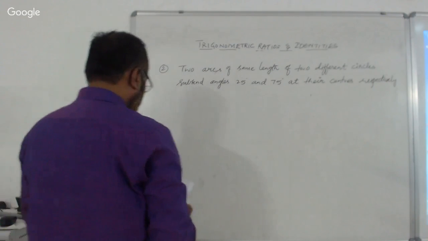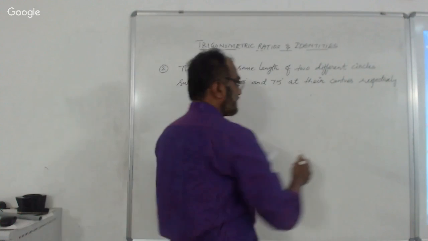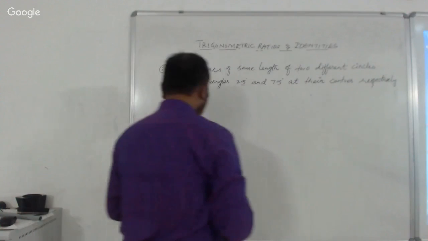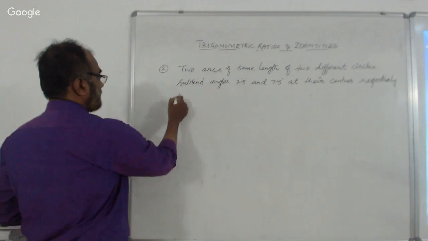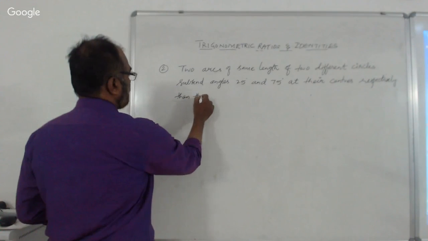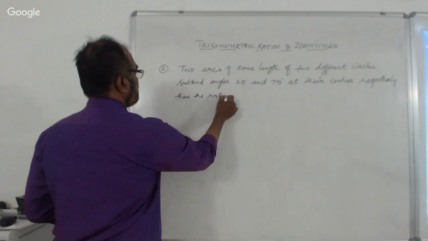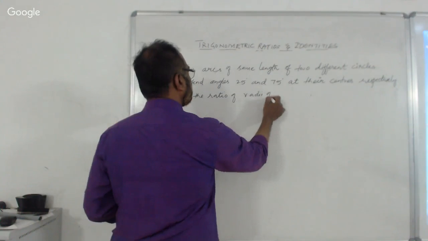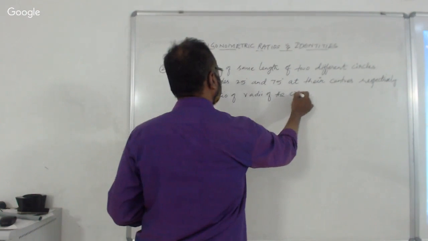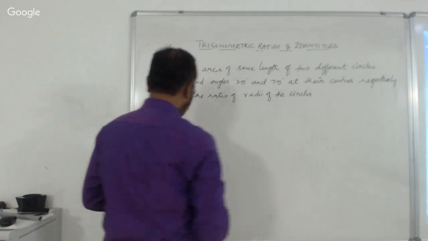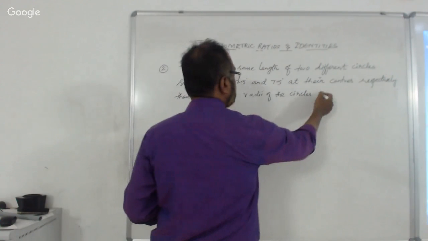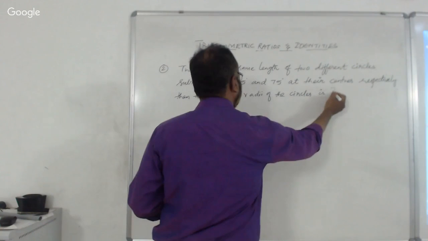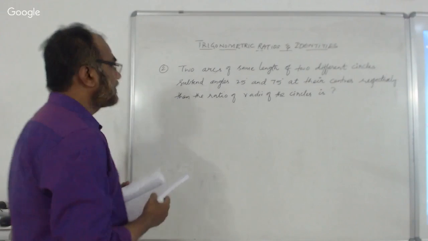Then the ratio of the radii of the circles is? Make a note.